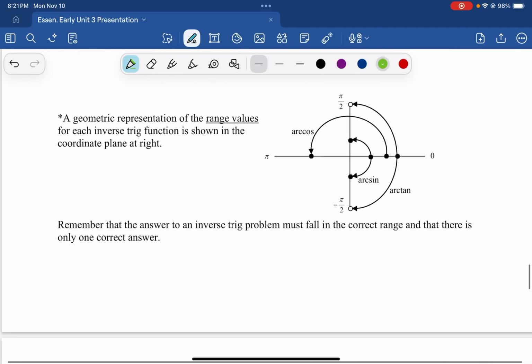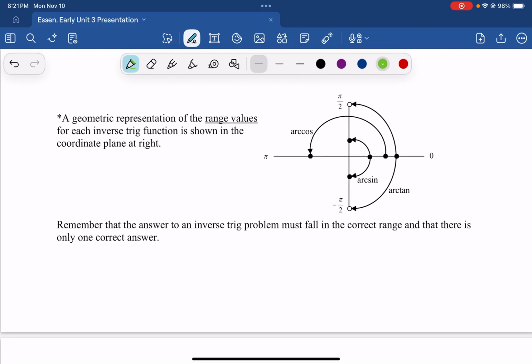It says a geometric representation of the range of values for each inverse function is shown in the coordinate plane below. Arc sine goes between negative pi halves and positive pi halves.